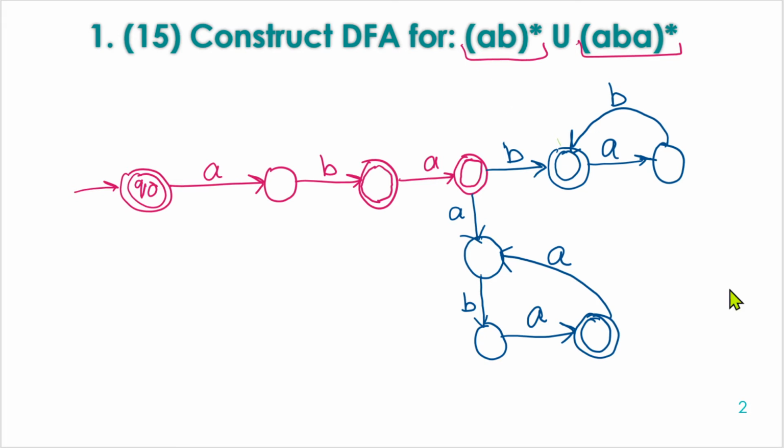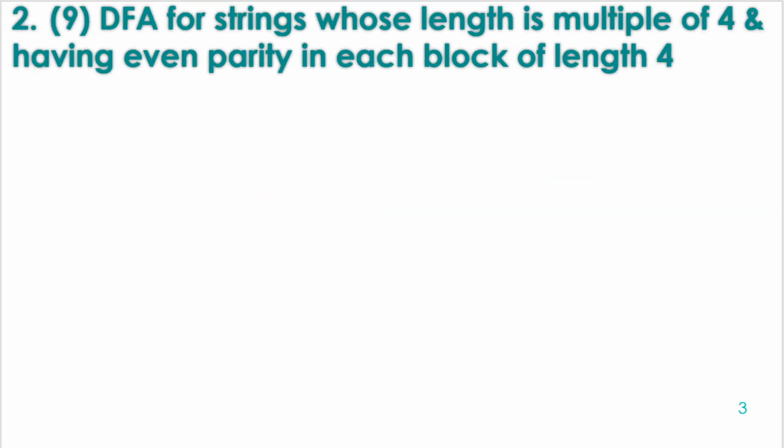So the next question is: DFA for strings whose length is a multiple of 4 and having even parity in each block of length 4. For all such questions, we need to keep track of length as well as parity, because we need even parity for every block of length 4.